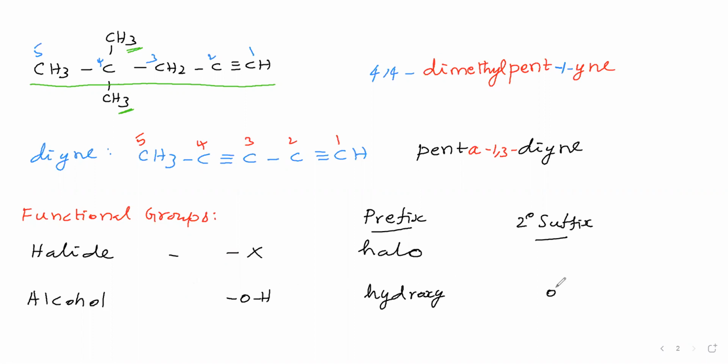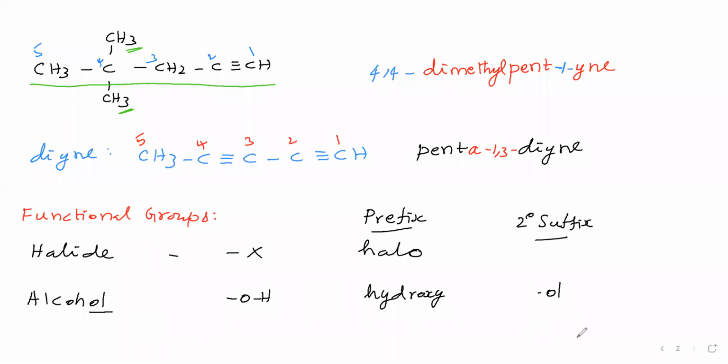The secondary suffix is OL. So this alcohol is the OH group. When it acts as a substituent, it comes under prefix, and the prefix is hydroxy. When it acts as the main functional group, it comes under secondary suffix, which is the last two letters, OL.